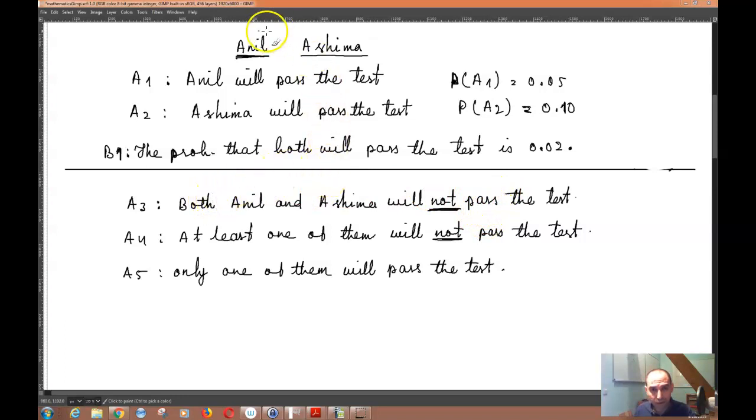Okay? And now based on this information, you want to answer these three questions. What is the probability that both Anil and Ashima will not pass the test? What is the probability that at least one of them will not pass the test? And what is the probability that only one of them will pass the test? And so these are pretty confusing statements.